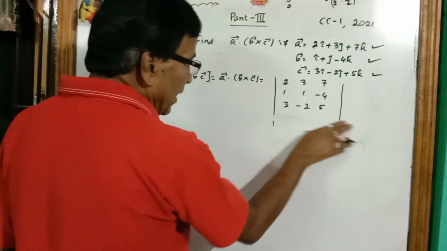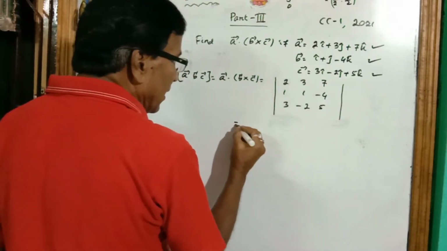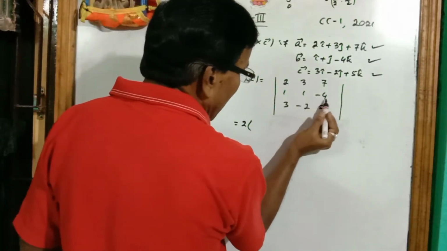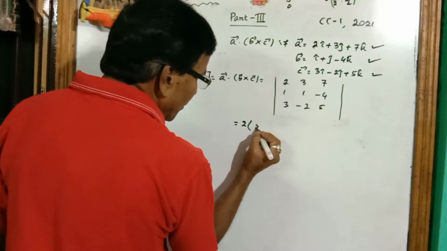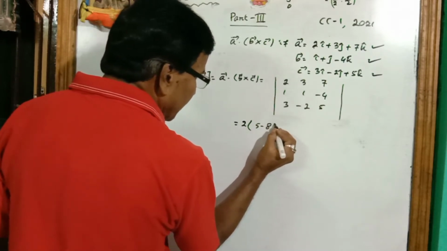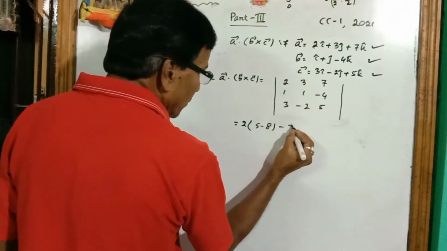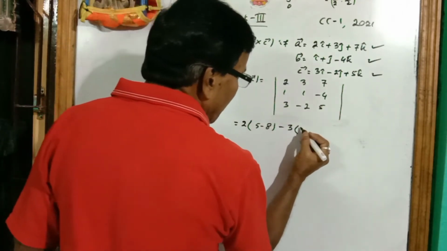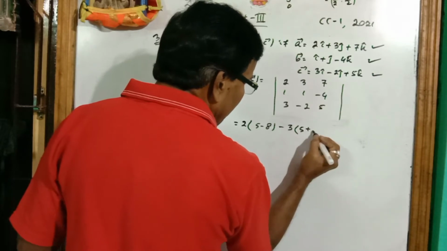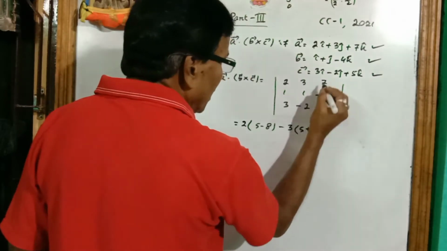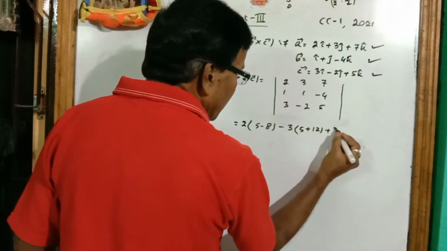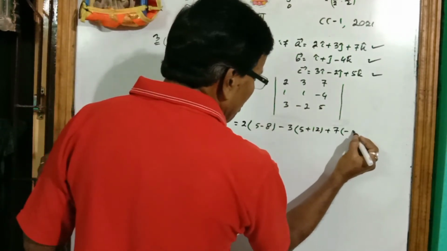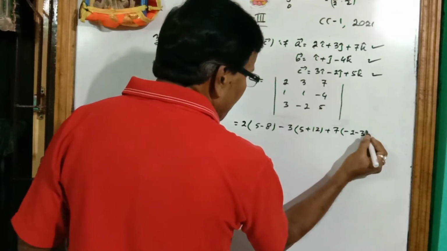If we expand this determinant, it will be equal to 2 into (5 − 8), minus 3 into (5 + 12), plus 7 into (−2 − 3).